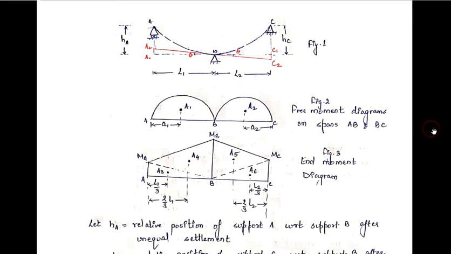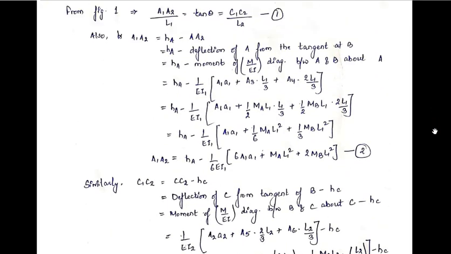So I'm writing this equation here: A1 A2 will be equal to HA minus A A2. HA minus A A2 is what? The deflection of point A from the tangent drawn at point B. And from the moment area theorem, we know that the deflection of any point with respect to the tangent at the other point is equal to the moment of the M by EI diagram between those two points about point A. So we can write HA like this only, minus.